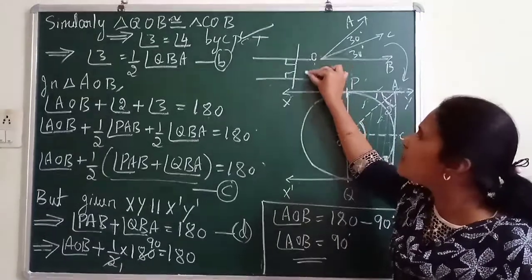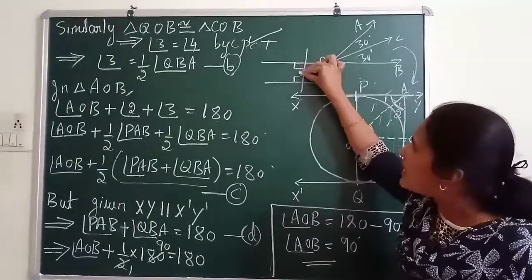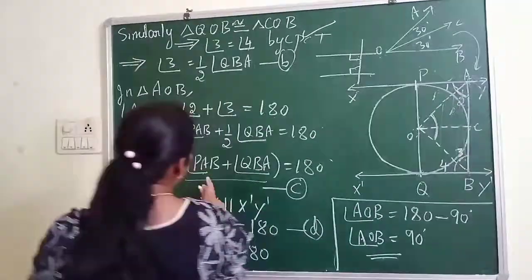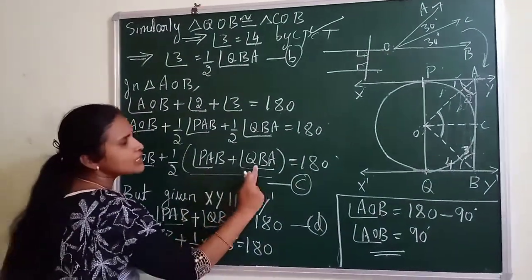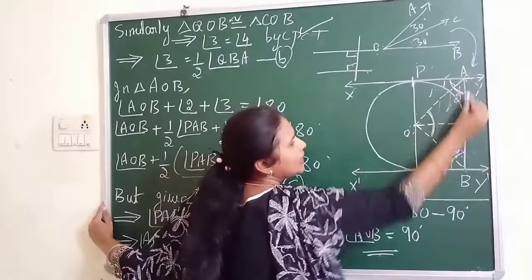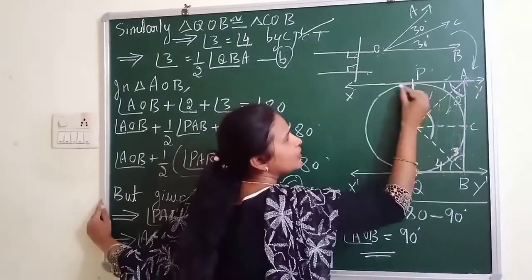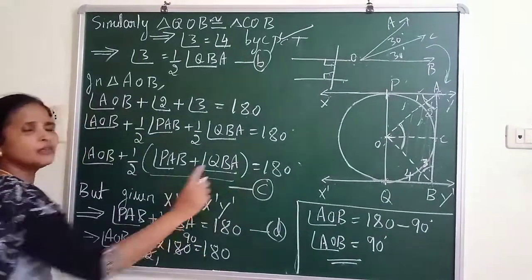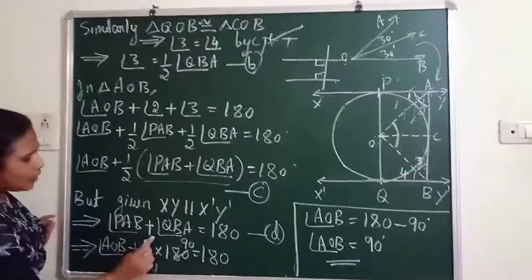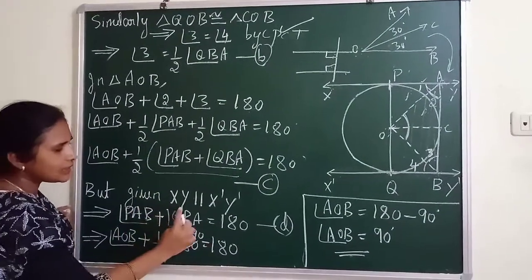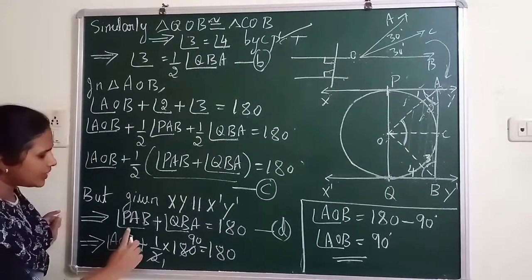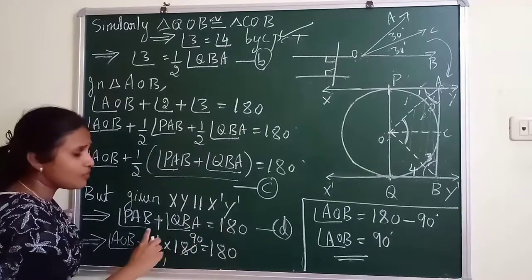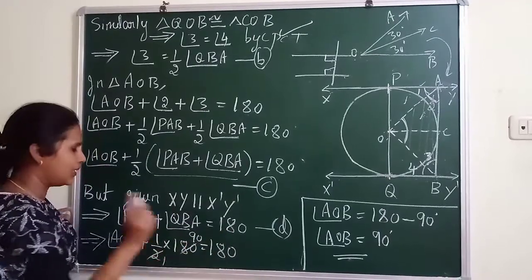As you know that these 2 lines are parallel and the sum of co-interior angles is 180, I can write here PAB plus QBA. You can see the U shape, so these 2 angles sum will always be 180. You can give the reason that XY is parallel to X dash Y dash, therefore PAB plus QBA is 180, because the sum of co-interior angles is 180.